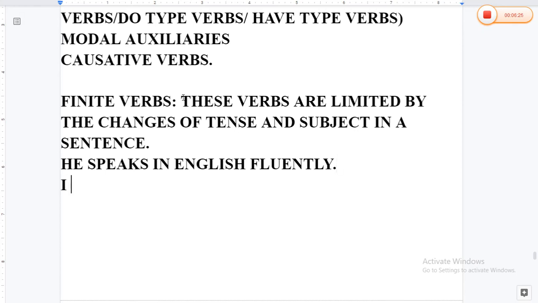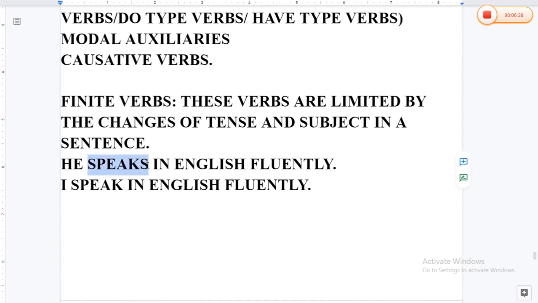I speak in English fluently, and you see the change in the verb. Here we have an extra s added to the verb, and here we don't have any extra letter added to the verb. So this is called pronouns change or subjects change.